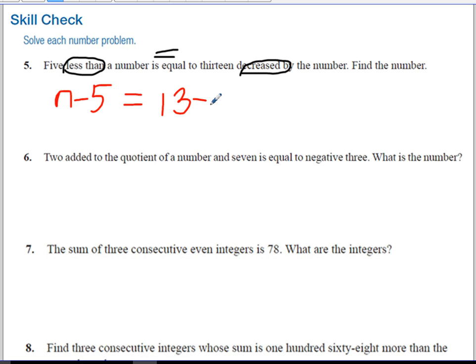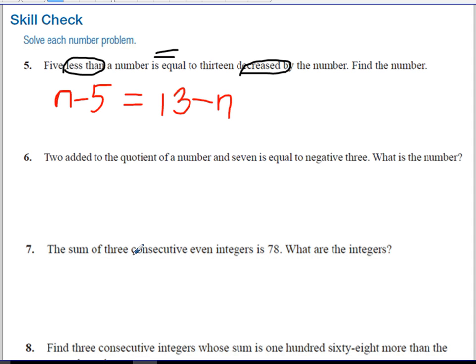Decreased by means we're subtracting from the 13, so we don't have to change the order there, the number, so that same number n. And then you would solve this problem to find out that your answer, your number, is 9. But I'll let you do the steps for that and practice doing that.